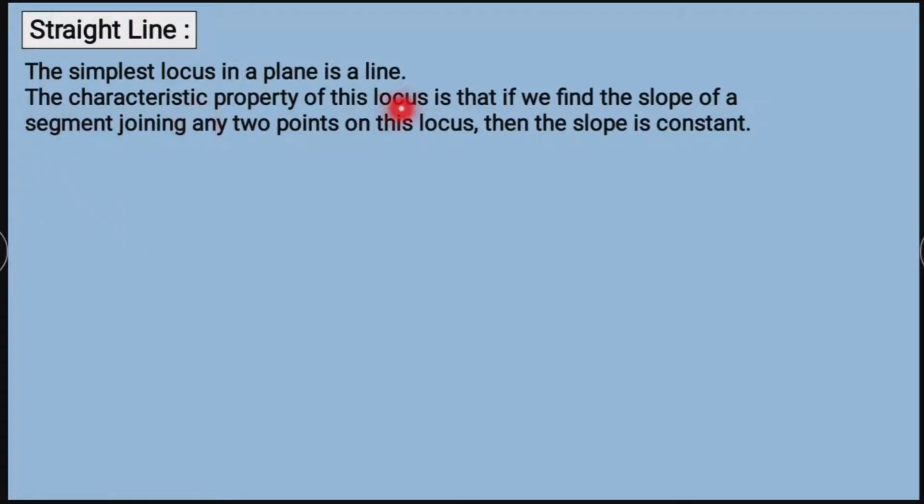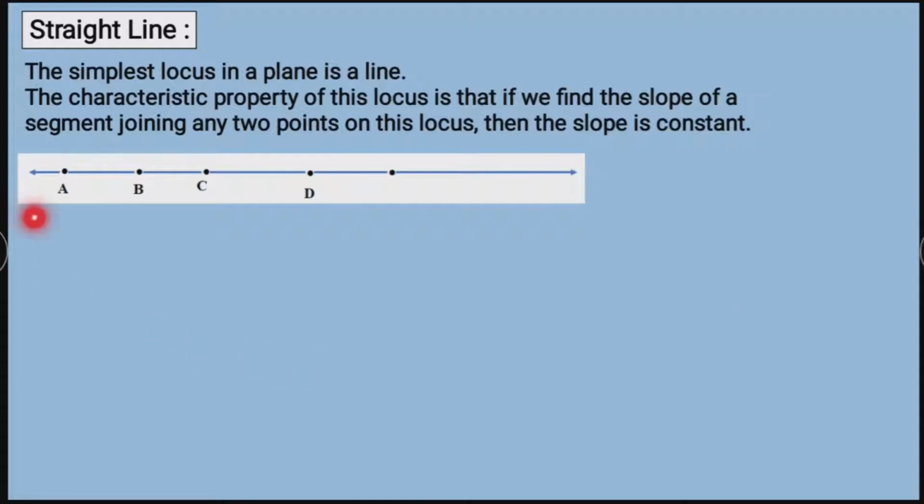The characteristic property of this locus is that if we find the slope of a segment joining any two points on this locus, then the slope is constant. So see here with the help of this diagram, these points A, B, C, D lie on this line.